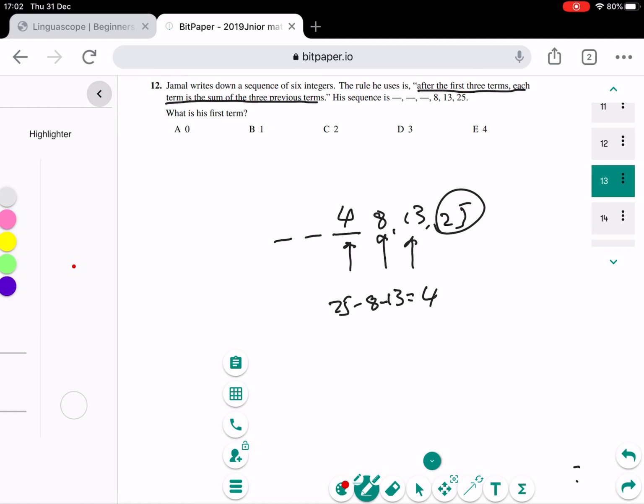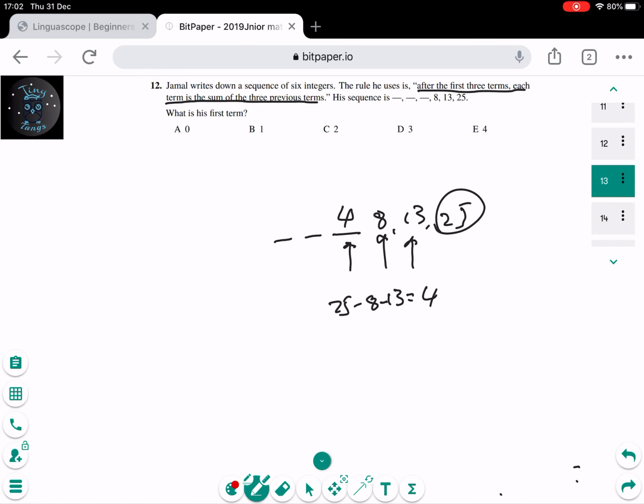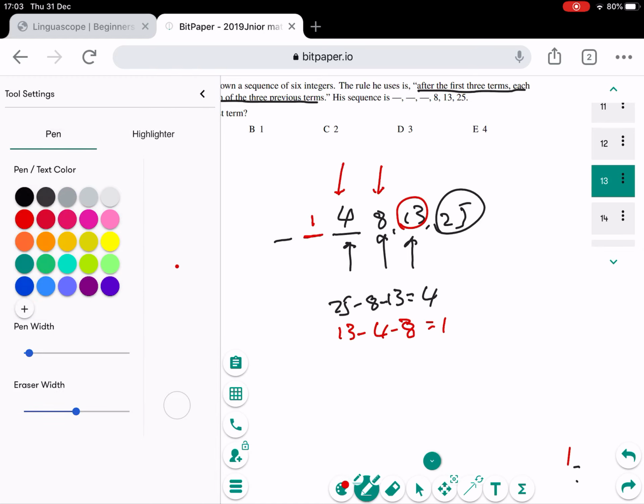And also, what makes 13 is 8 and 4 and something else. So 13 minus 4 minus 8 equals 1. So the answer is 1 here.